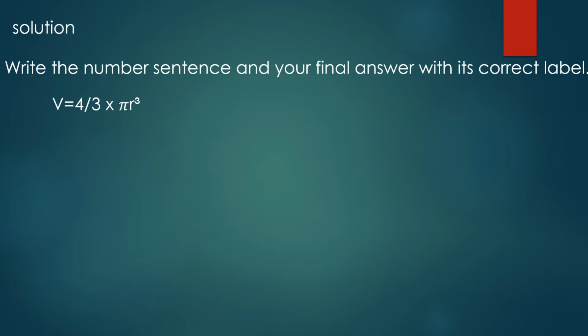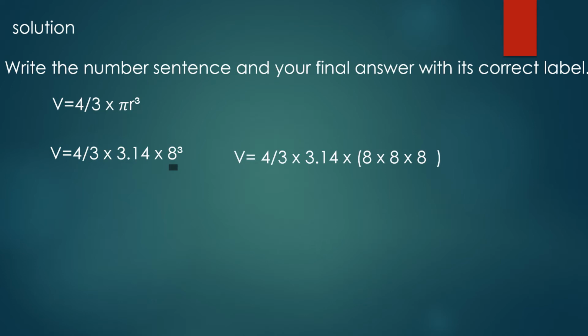So the formula is volume of sphere equals 4 over 3, or 4/3 times pi r cubed, which is the pi is equivalent to 3.14 and radius is 8 to the third power, or 8 times 8 times 8. So 4 over 3 times 3.14 times 8 times 8 times 8.